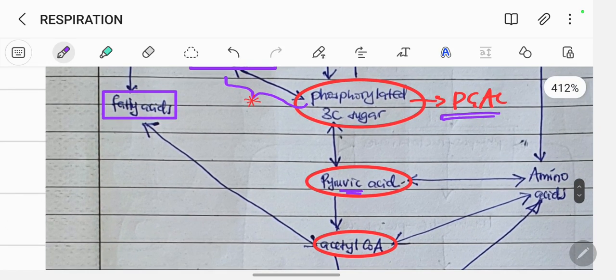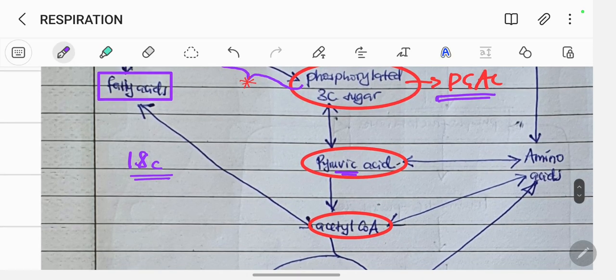So you may find fatty acids of 18 carbon atoms. These fatty acids are going to undergo a series of breakdown. We break off 2 carbon units.